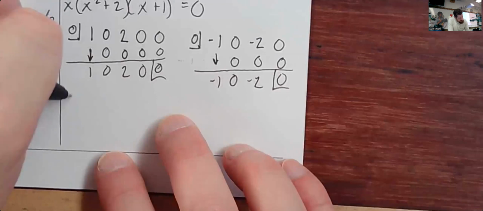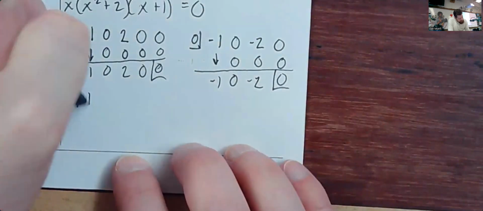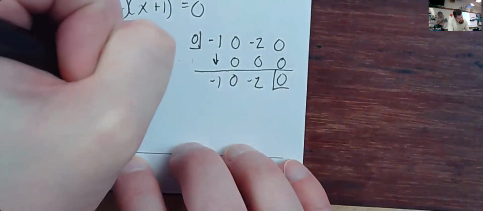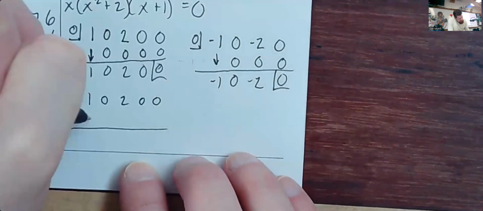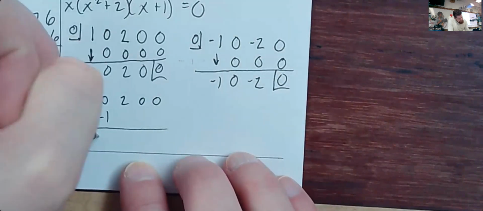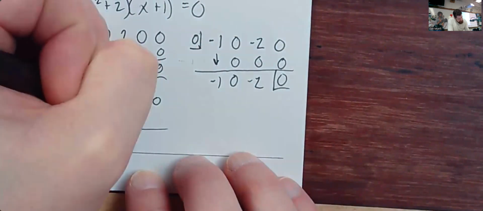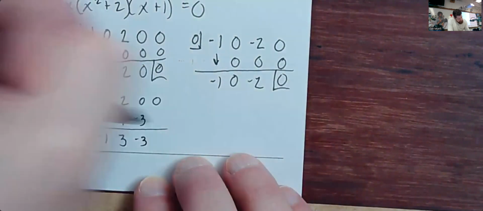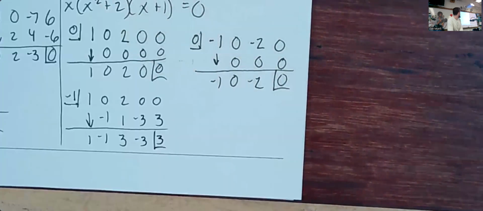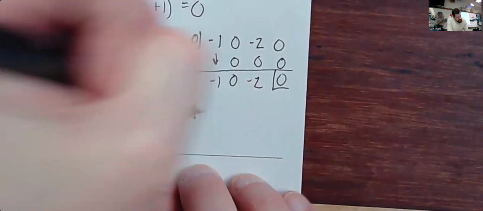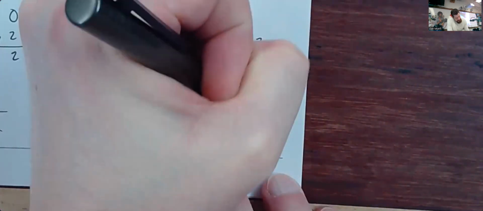Once again, we're going to have -1 now. 1, 0, 2, 0, 0. Bring down the 1. -1, -1. That's 1, 3. -3, -3, 3, 3. So the y value looks like it's going to be 3. Let's try it with the next one. -1, -1, 0, -2, 0.